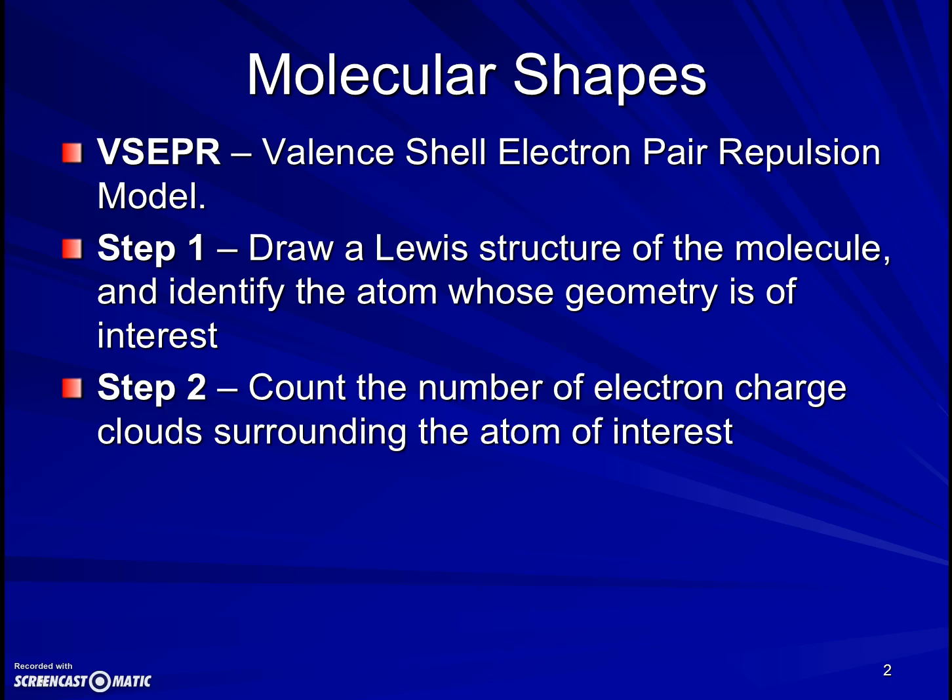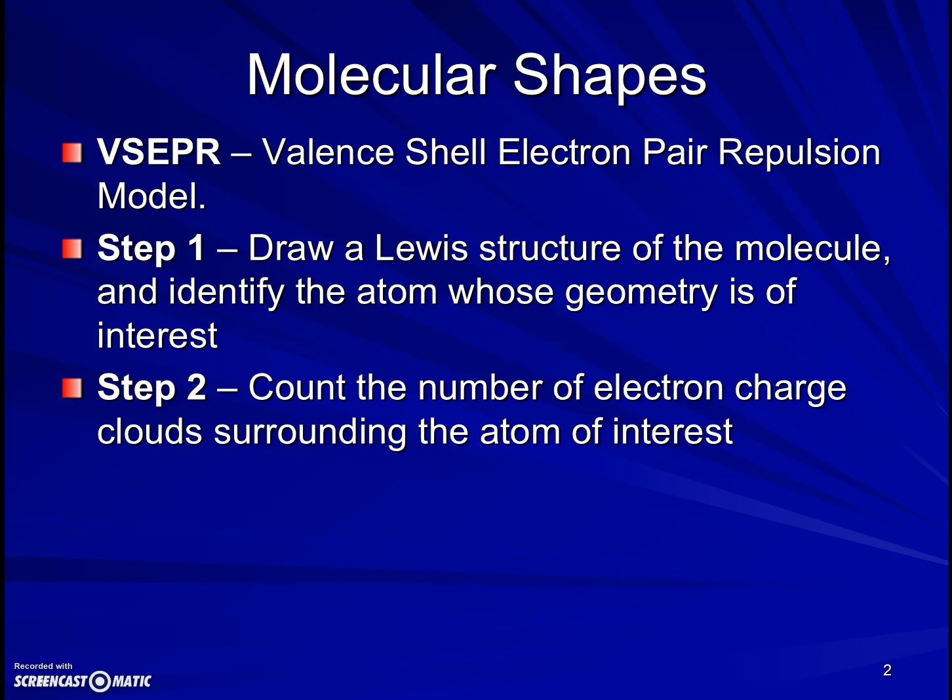Then we want to count the number of what your author calls electron charge clouds around that central atom. A charge cloud is any group of electrons, so a single bond counts as one charge cloud. A double bond counts as one charge cloud. And a triple bond counts as one charge cloud.